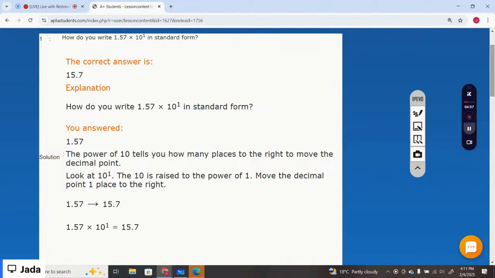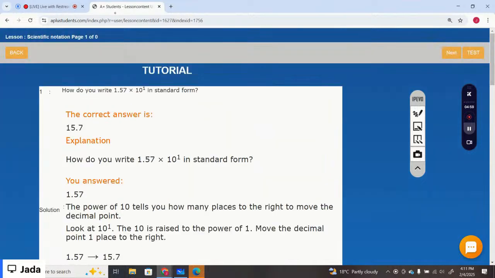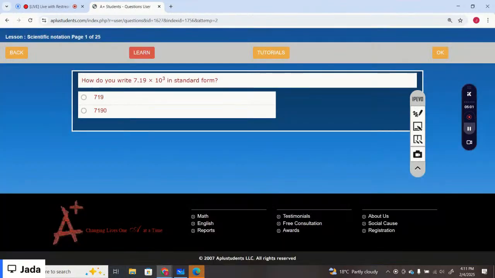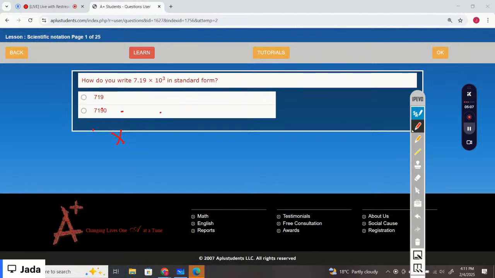Okay, let's just start with the test questions. How do you write 7.19 times 10 exponent 3 in standard form? You have to look at the exponent of 10, that is 3. That means you need to move the decimal point 3 places, right? You have 1, 2, and that is the third place. So you need to move the decimal point from here to here.